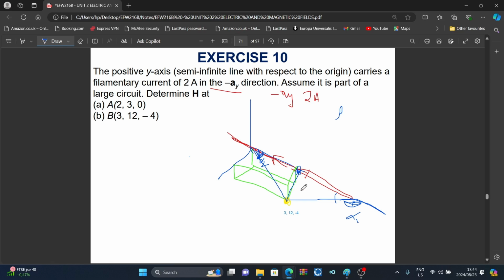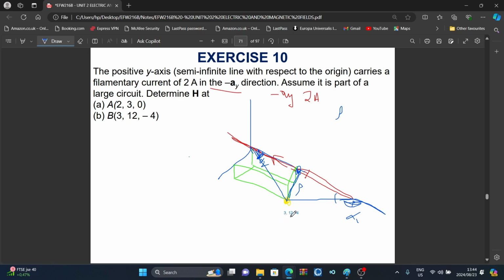I hope you can see that this line will be our phi, and if you draw a line, it's not in the x direction, it's more like y. It will be z and x direction.